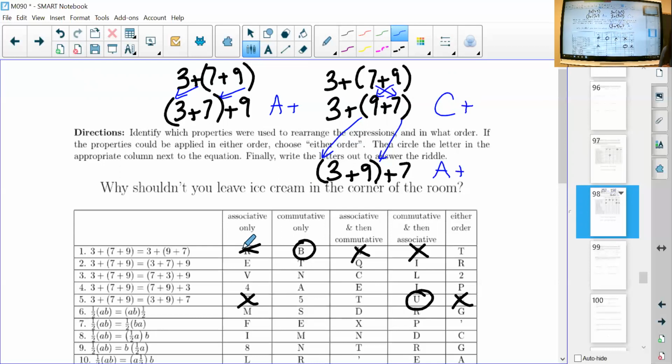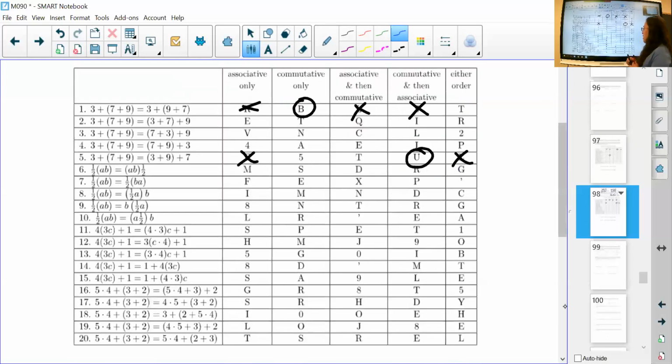Let's do one more. Let's look at 16. So number 16, we have a lot going on here. 5 times 4 plus 3 plus 2 is 5 times 4 plus 3 plus 2. Well, that's interesting. When I said it, nothing changed.